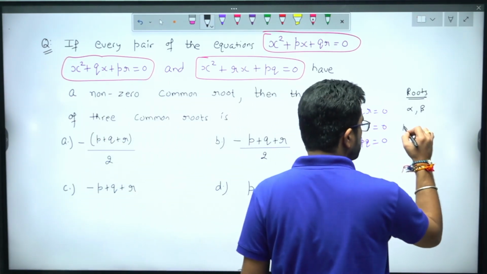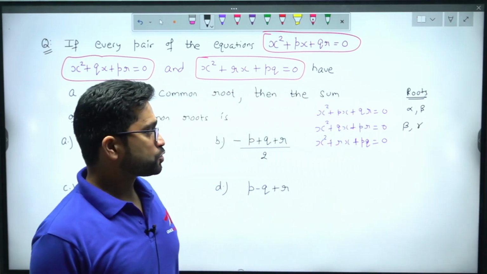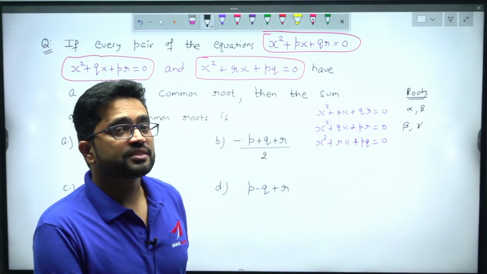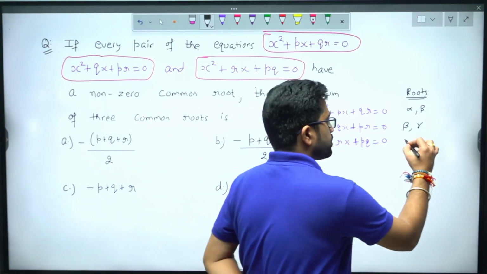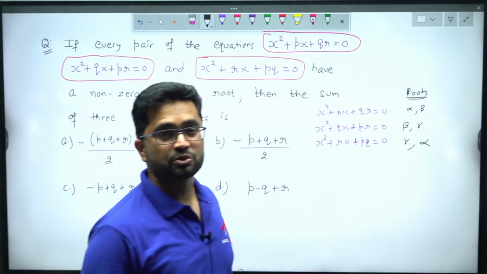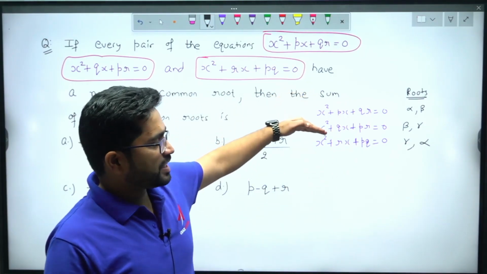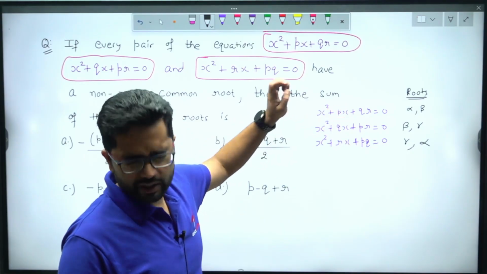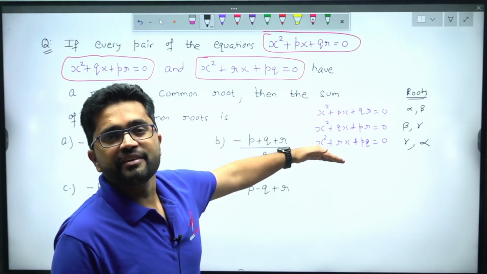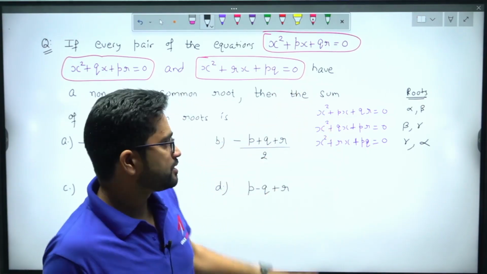So the second is having roots beta and gamma. That makes sense. Let me make the common root between second and third as gamma. So gamma and alpha should be the two roots of the third equation. First and second have common root beta, second and third have common root gamma, first and third have common root alpha.